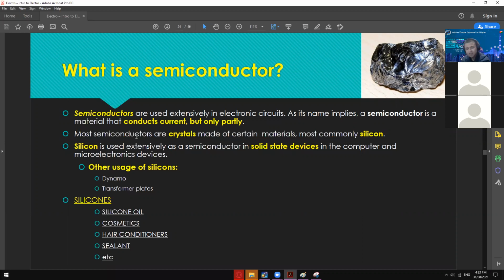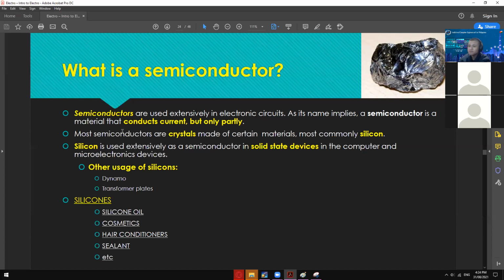Okay, and in insulator, it doesn't conduct 90 to 100%. And then semiconductors, so it conducts 50% and then it doesn't conduct 50%. So parang 50-50. So nasa gitna siya ng conductor and insulator.